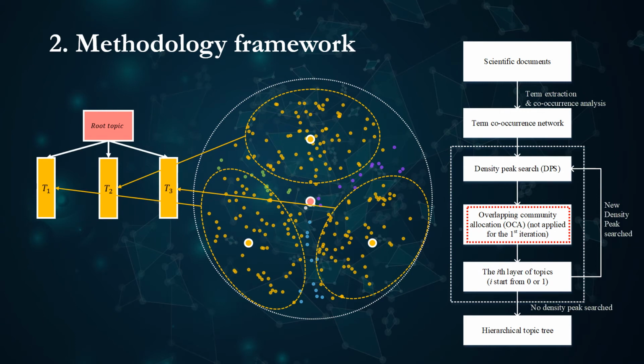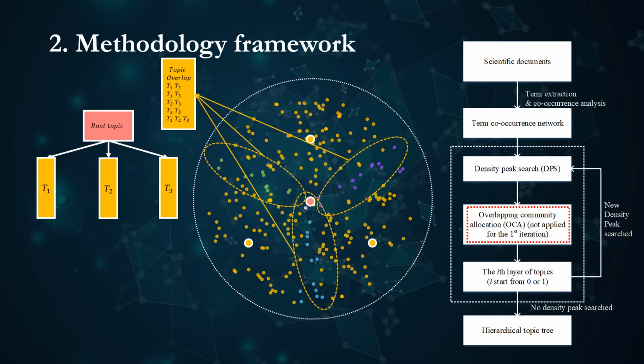So here, the three yellow clusters form three child topics of the root topic, and the other overlaps are classified as topic overlaps of the second layer. After this iteration, those topic overlaps will not go into the following iterations, but the three identified child topics in yellow will continue to the following iteration.